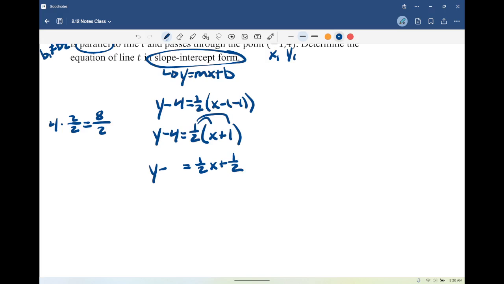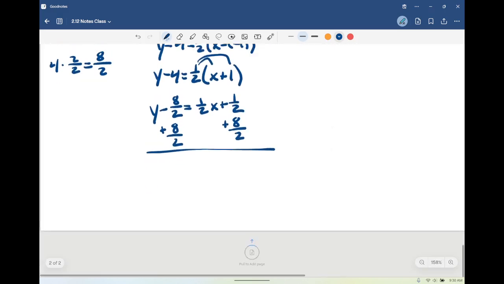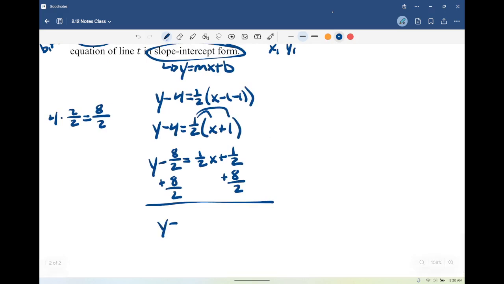So it's y minus 8 over 2 is equal to 1/2 x plus 1/2. Now I can add the 8/2 and wind up with y is equal to 1/2 x plus, well, help me out. What's 1 plus 8? 9. 9/2.